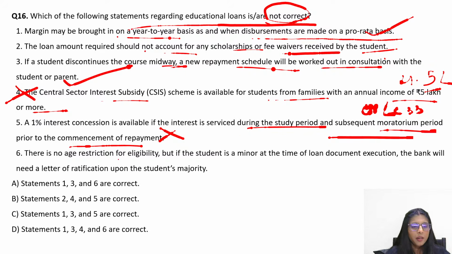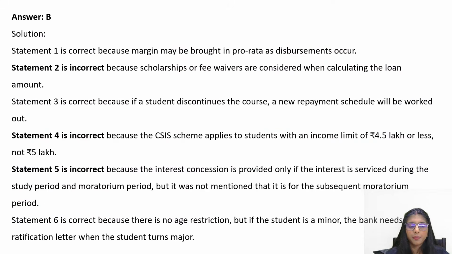There is no restriction on eligibility, but if the student is a minor at the time of loan document execution, the bank will need a letter of ratification upon the student attaining majority. It's correct. Which are the non-correct statements? The non-correct statements are 2, 4, and 5. That is, option B is the right answer.